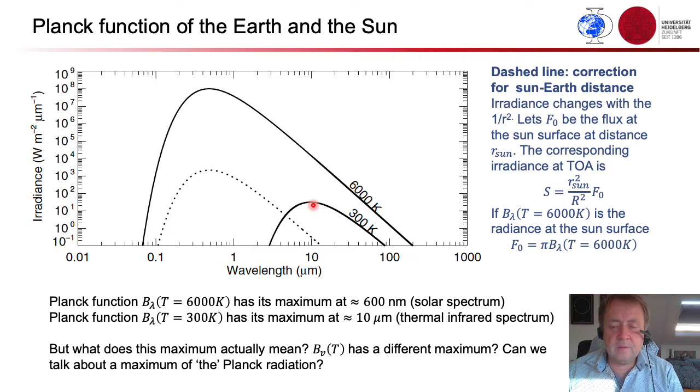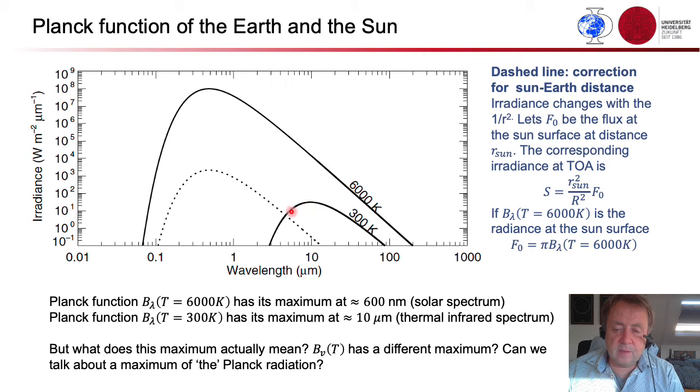So having this knowledge, let us now assume that we have a flux or irradiance F0 at the sun surface, at a distance r_sun, that is the radius of the sun. And now we can calculate the corresponding irradiance at the top of atmosphere of the Earth using the law that it changes with 1 over r squared.